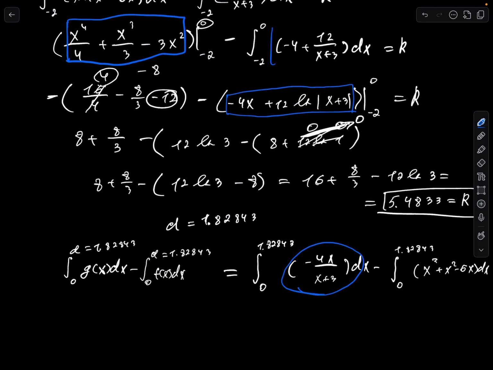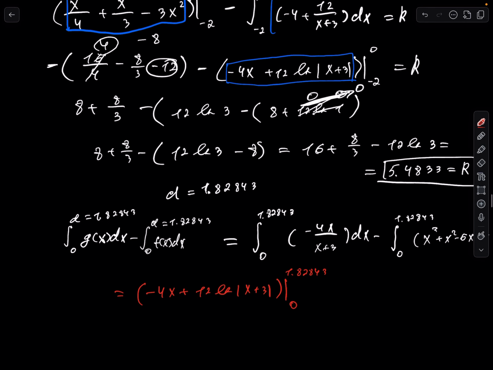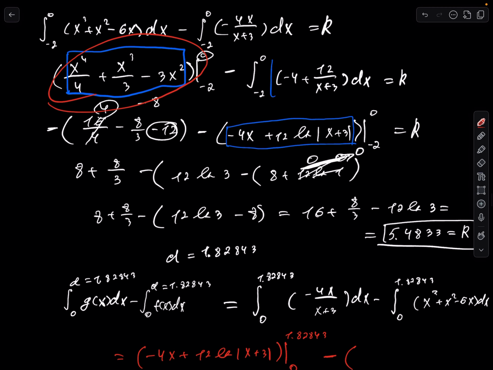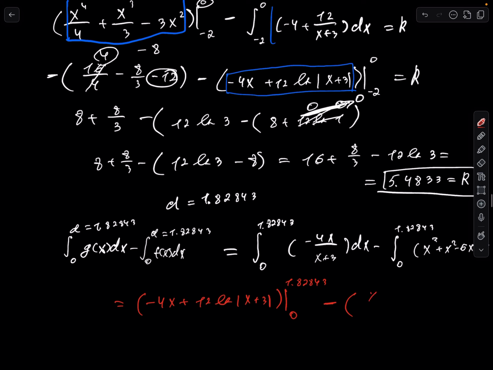So the antiderivative of that will be negative 4x plus 12 times ln of x plus 3, evaluated at 1.82843 and subtracted from 0. This minus, here we have the antiderivative of f of x, so let's just paste it. Evaluate it at those same bounds.